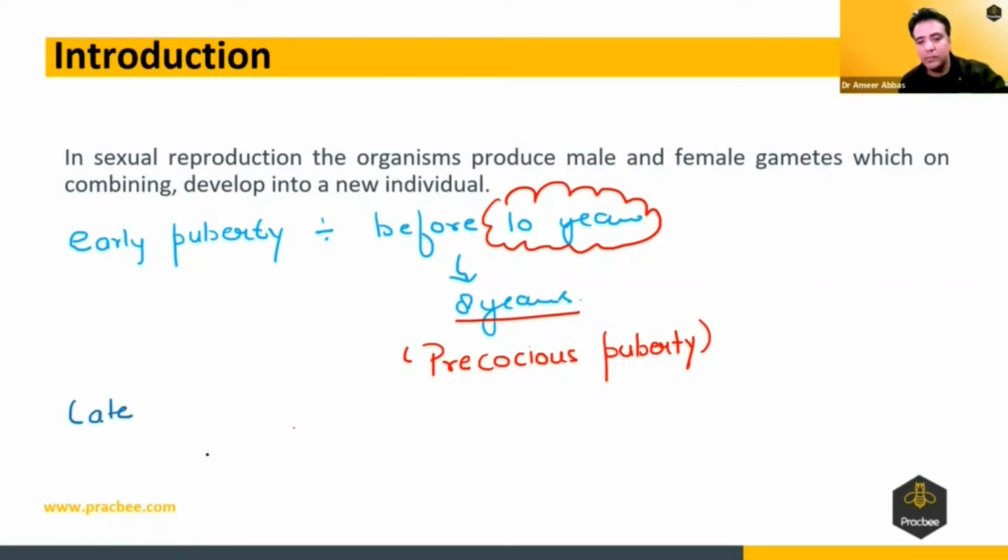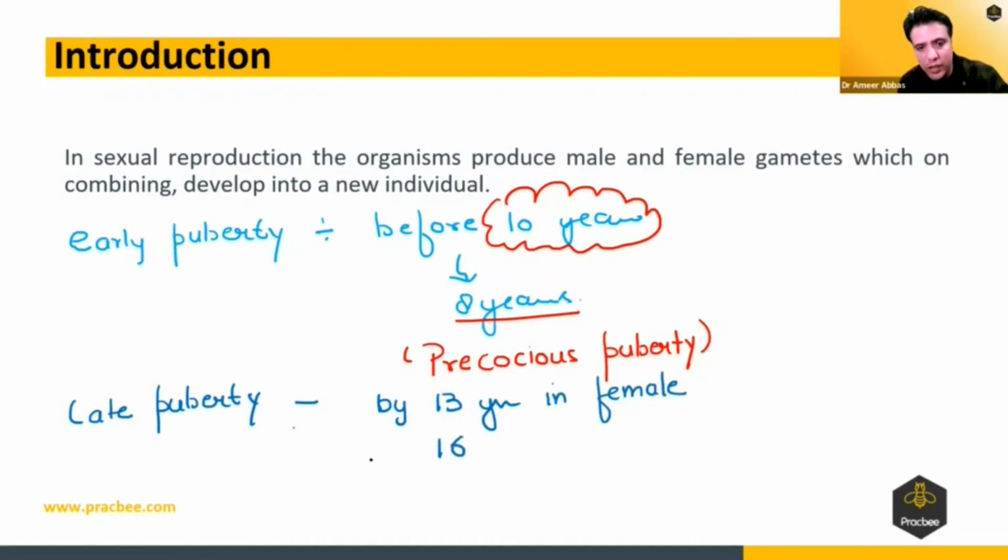If puberty can come early, it can come late. Late puberty is when puberty is delayed beyond 13 years in females and 15 to 16 years in males. When puberty does not come by the age of 13 years in females or by 15 to 16 years in males, that is known as late puberty, and the reason could be life threatening or a normal hormonal issue.